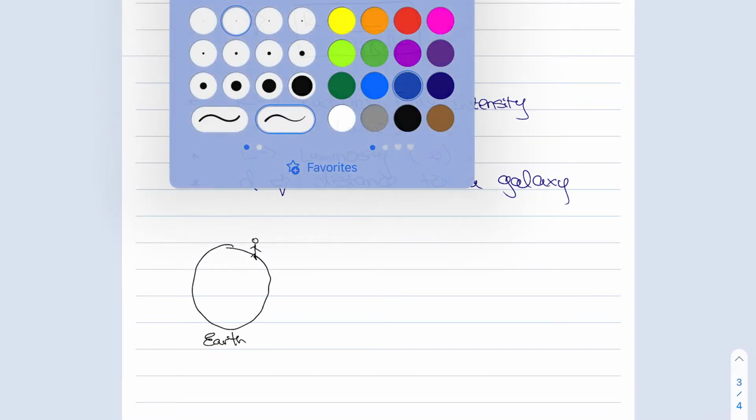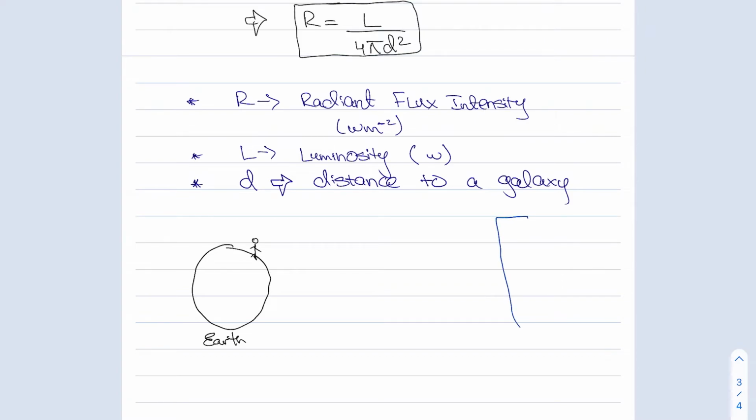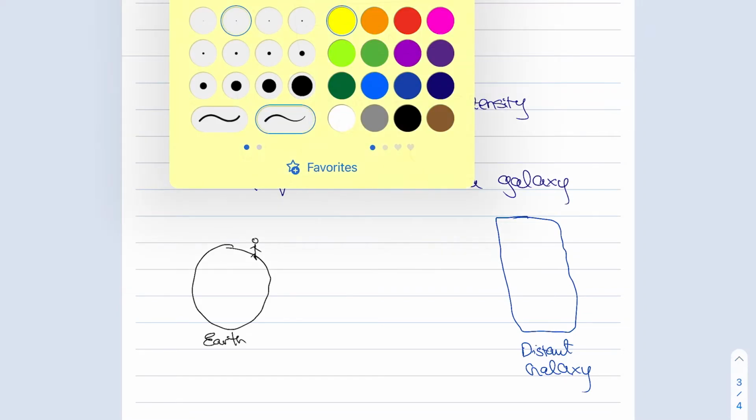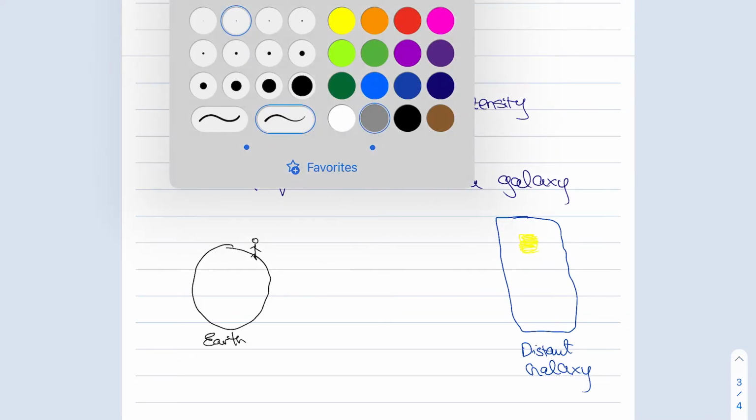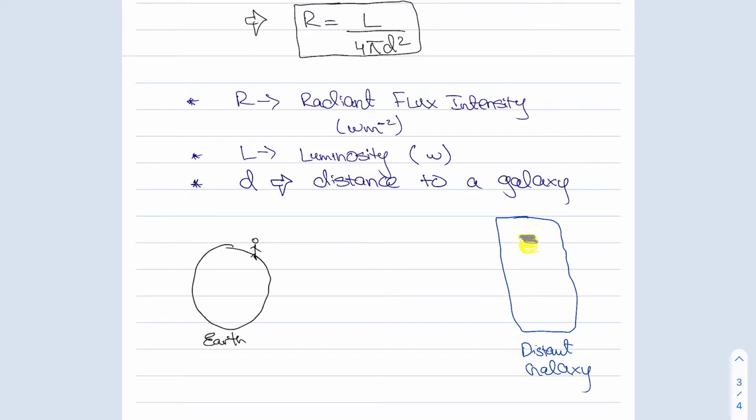So for example, this is a galaxy. It's a distant galaxy, right? And there's a star inside, I'll use a darker color, of known value of L. You know what the luminosity of the star is, you know the R value for the star.